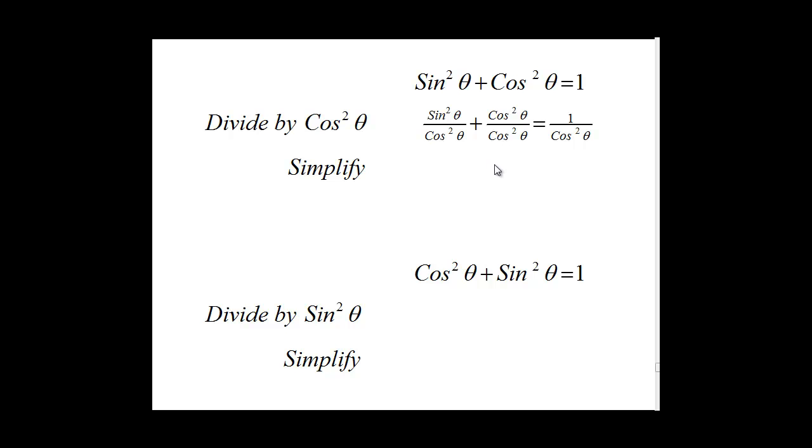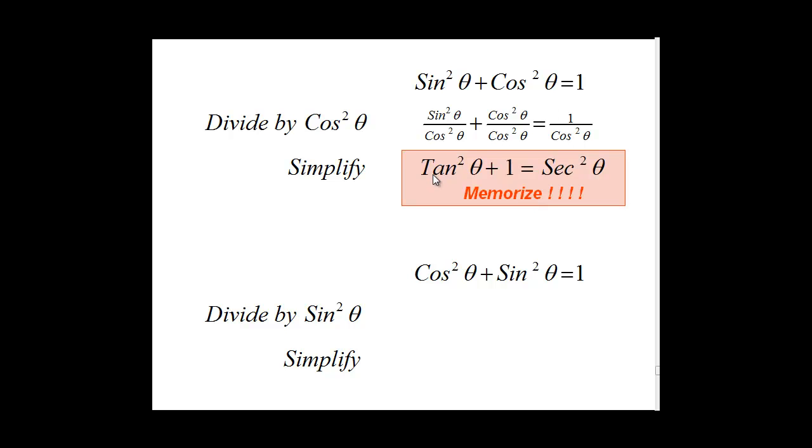Cosine over cosine is 1, and 1 over cosine is secant. So tan squared plus 1 is equal to secant squared. That's a second Pythagorean identity for trigonometry that we need to memorize. So tan squared plus 1 is secant squared. And you can rearrange this, move the 1 over with the secant, and have tan squared is secant squared minus 1. These can be algebraically manipulated.